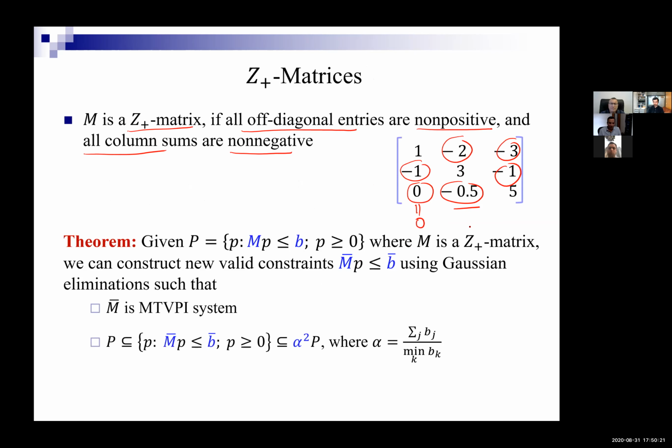So we prove this theorem: you give me a polytope P where the constraint matrix M is Z plus, of this form.